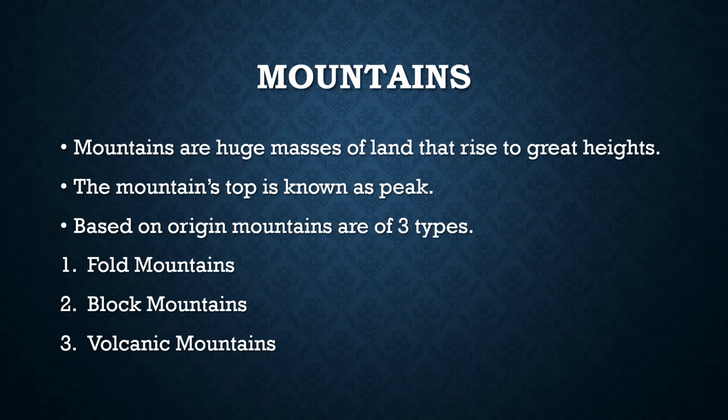The base of a mountain is generally wide. A mountain range is a system of mountains, hills, and valleys arranged in a line stretching over hundreds of kilometers. Based on origin, mountains are of three types: fold mountains, block mountains, and volcanic mountains.